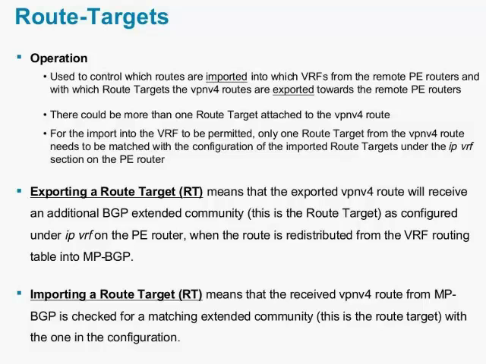The remote PE device on receiving the update will pull the RT value, route target value, and scan through its VRF configuration to see if there is at least one VRF interested in importing the prefix. Once it finds a match, it will remove the RD value and insert the 32-bit prefix into the corresponding VRF's routing table.